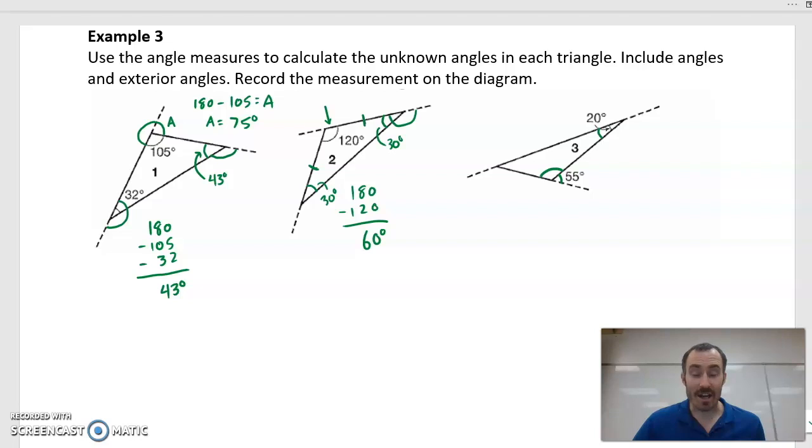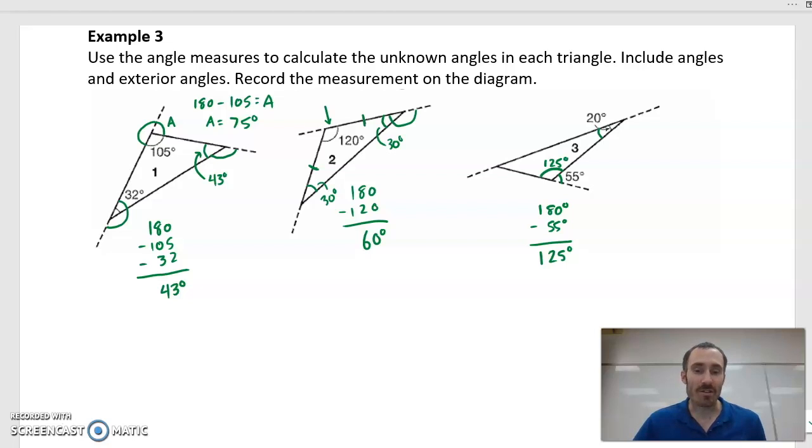So the way that exterior angles work is the full straight line, or the half circle, is 180 degrees. And I want to subtract the piece that I know, which is 55 degrees. And that gives me what's left over, 125 degrees is what I meant. I can do this. And so this interior angle here is 125 degrees.